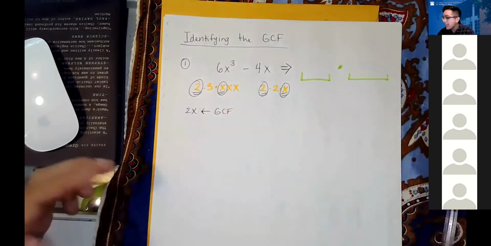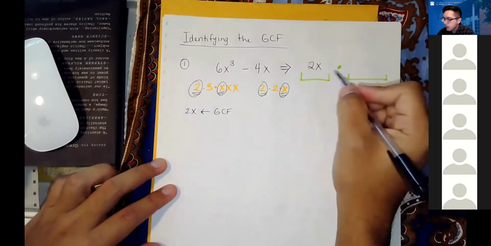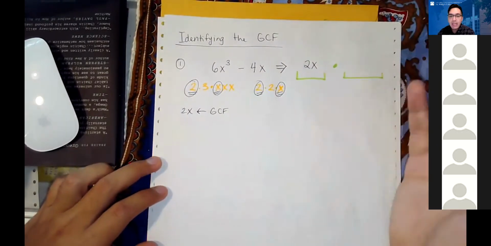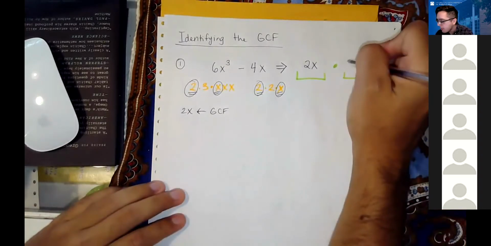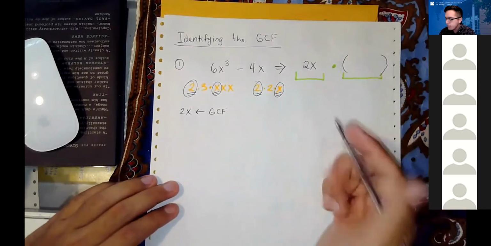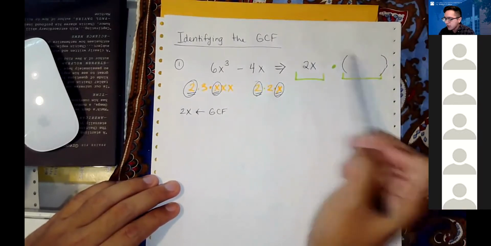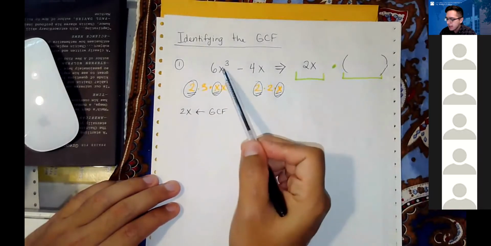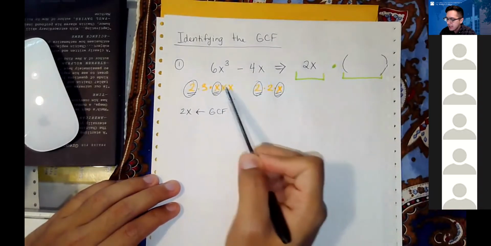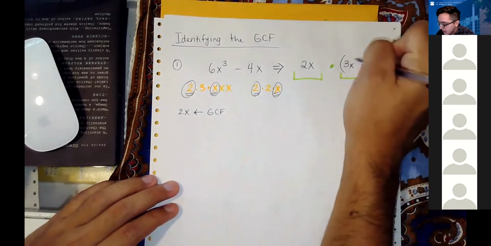We're going to write that term first, 2x, and we're going to multiply that by whatever we have left over. So I'm going to put a parentheses here to indicate multiplication. And then 2x times something should give me this original term back. Well, that something is going to be 3x squared, since there are 2 x's here. So 3x squared.